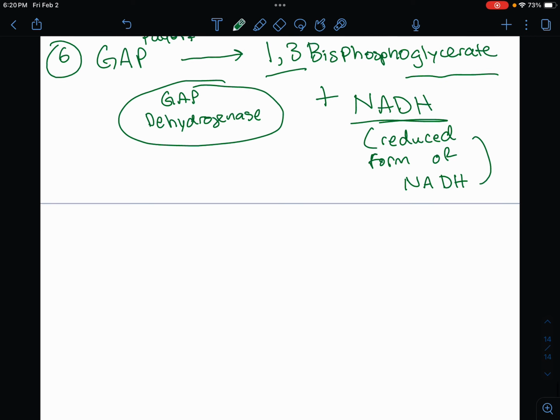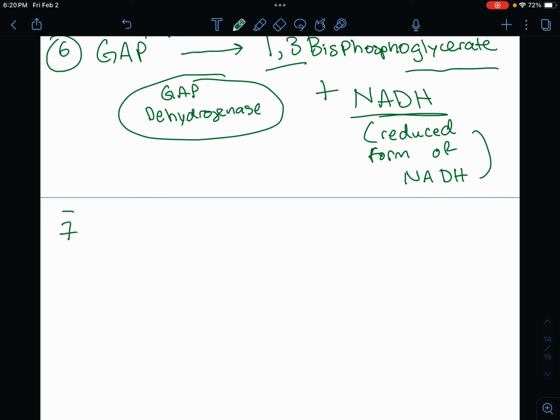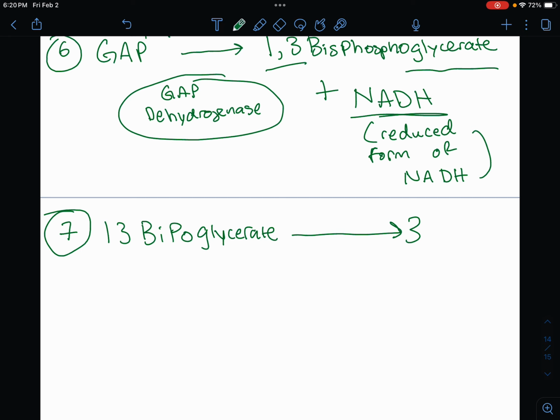Okay, step 7. We're going to be doing 1,3-bisphosphoglycerate, and it's going to be transformed into 3-phosphoglycerate. All right, something cool does happen here.